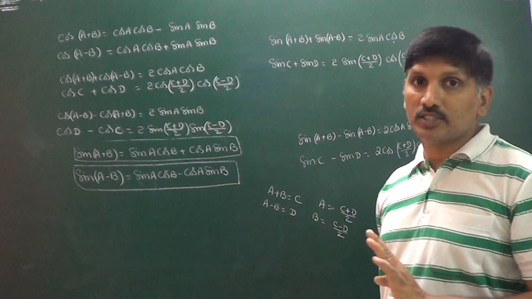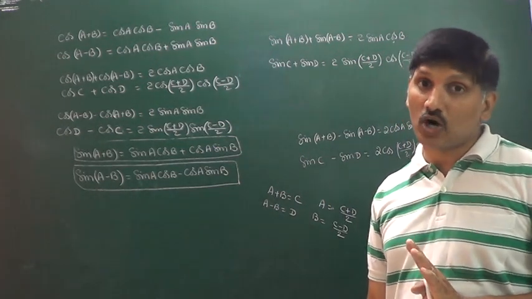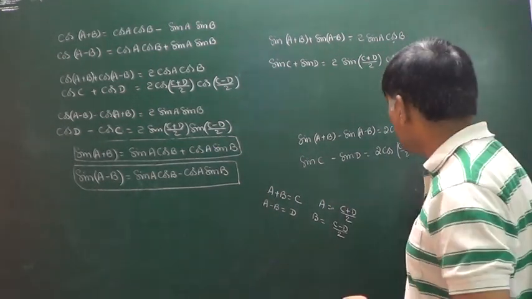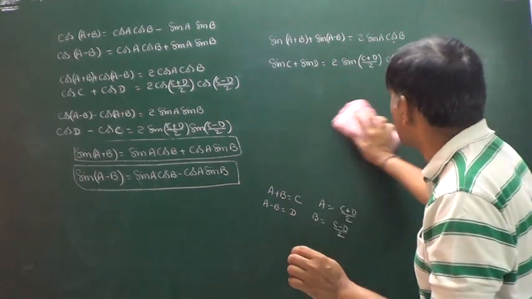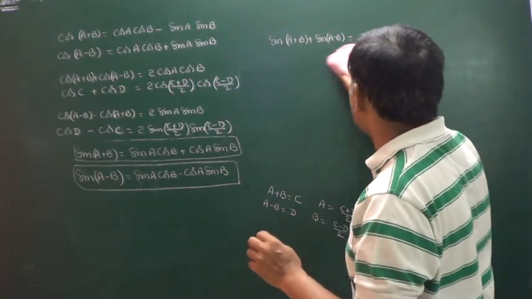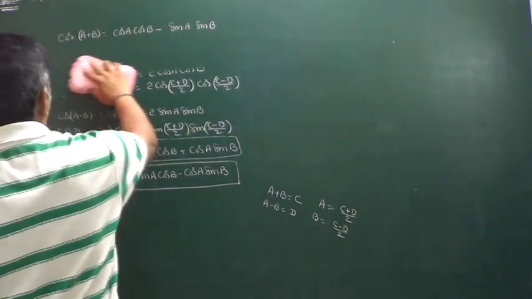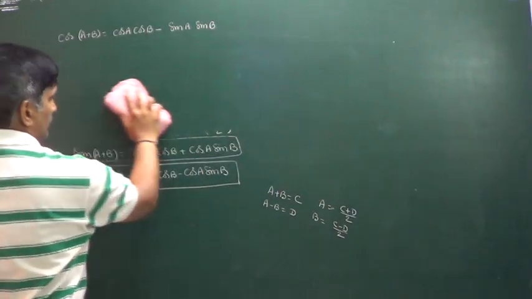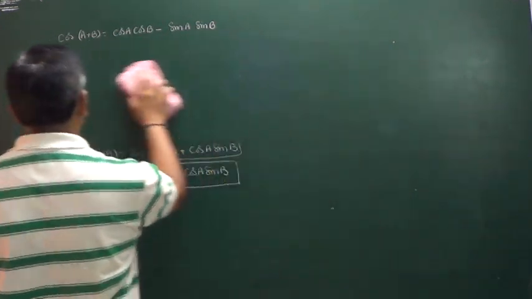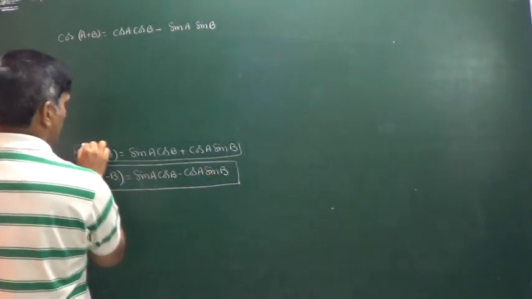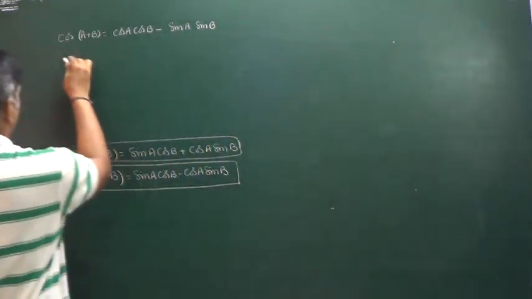That is about the sin C + sin D and cos C - cos D. Here only we are going to discuss another set, because, sir, addition you discussed a formula, subtraction also we got the formula. A+B is equal to C, another formula we got, A-B, another formula, like that you got.